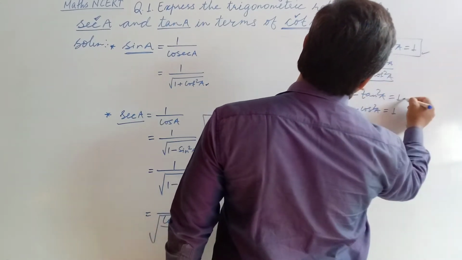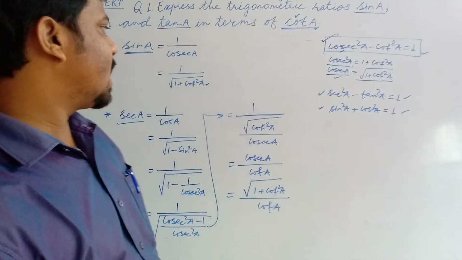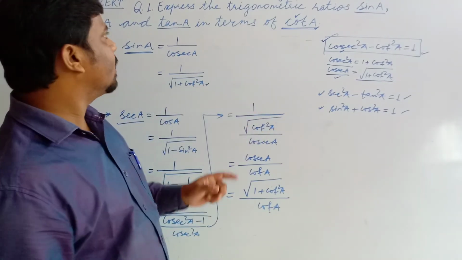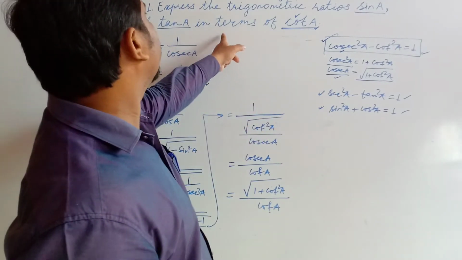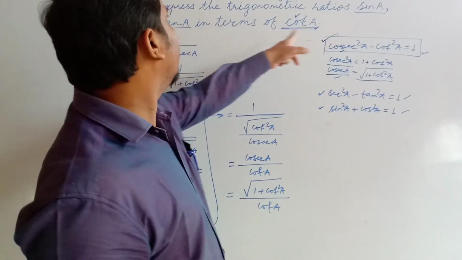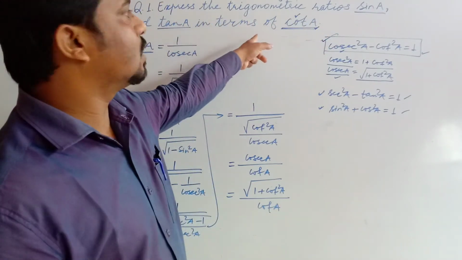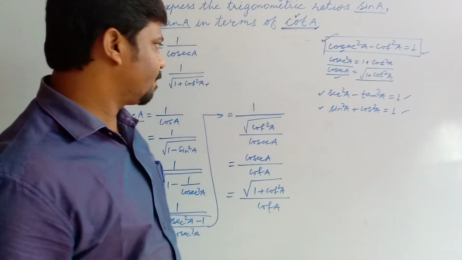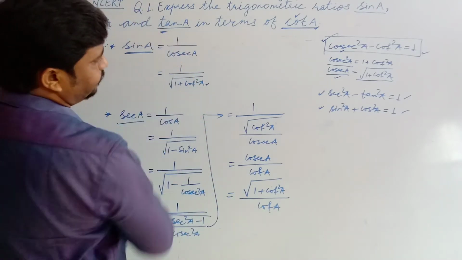So 1, 2, 3. These three identities we have. By applying these three identities only, we can change all these sin A, sec A and tan A in the term of cot A. Another is tan A.